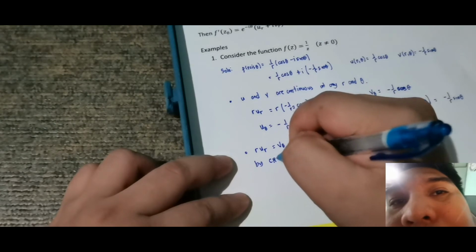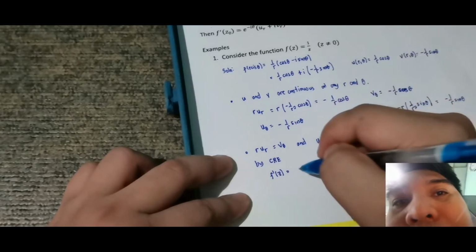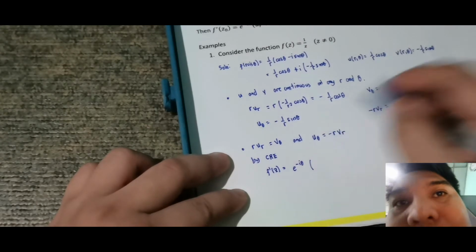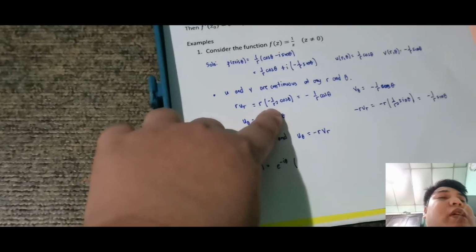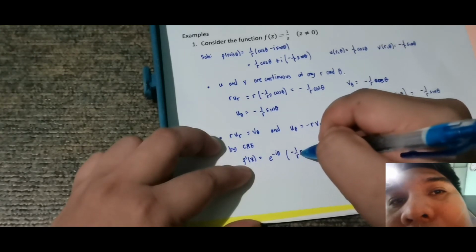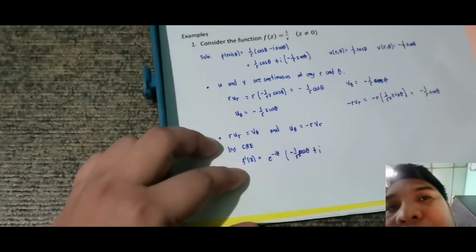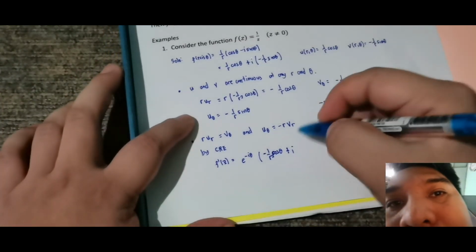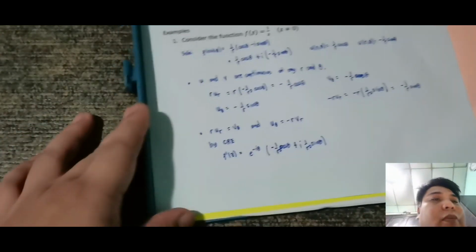Okay, so by CRE, we can use that f prime of z is equal to f prime of z naught is e raised to negative i theta. Tama. Then partial of u with respect to r is negative 1 over r squared cosine theta, plus i partial of v with respect to r, ito yun, 1 over r squared sine theta.